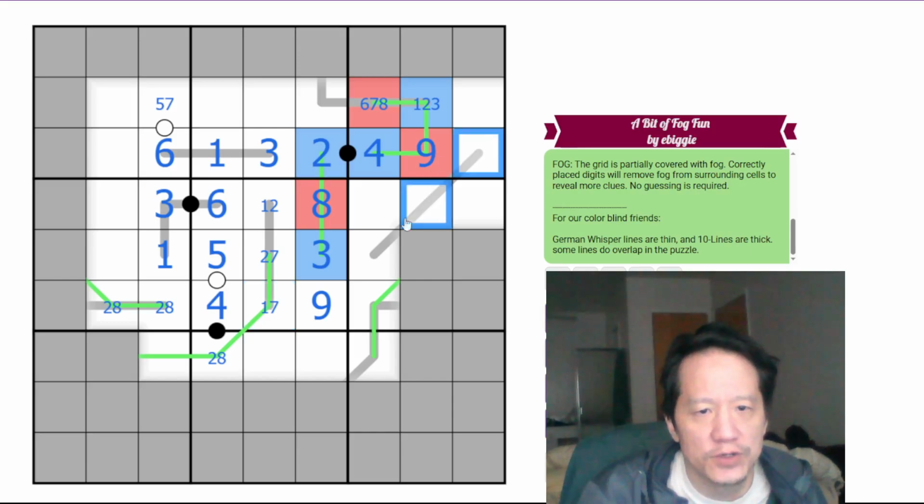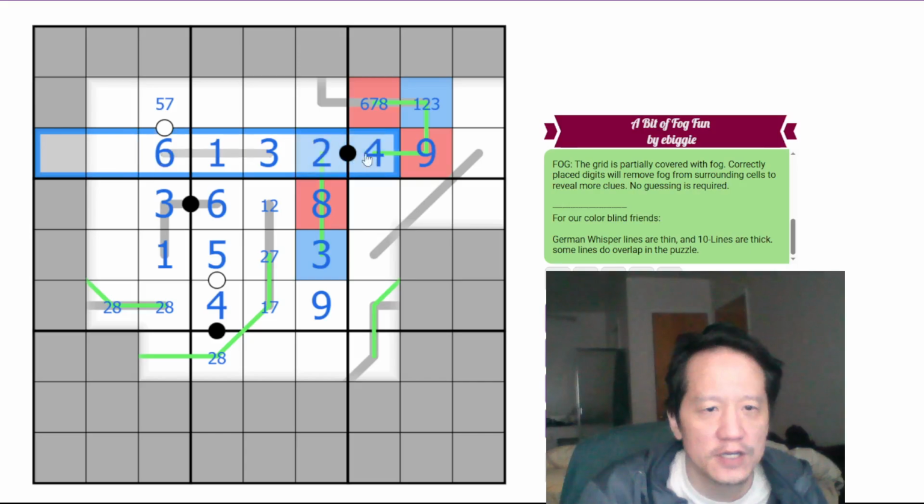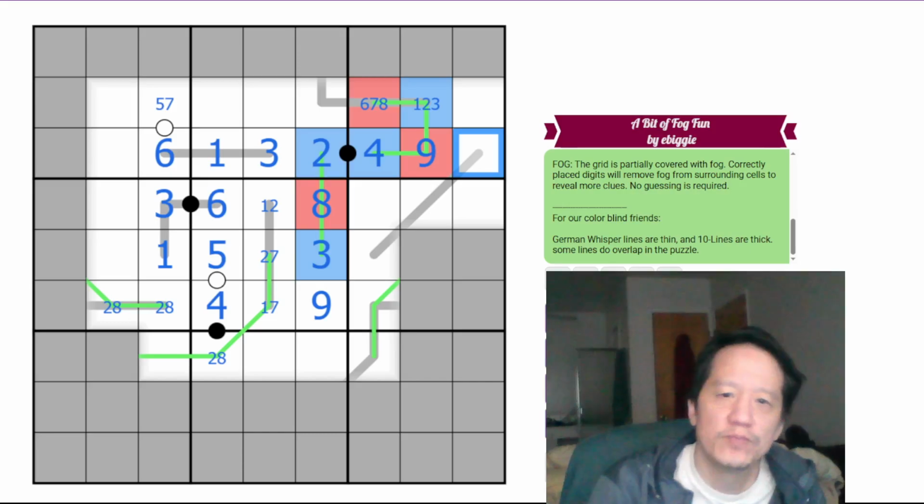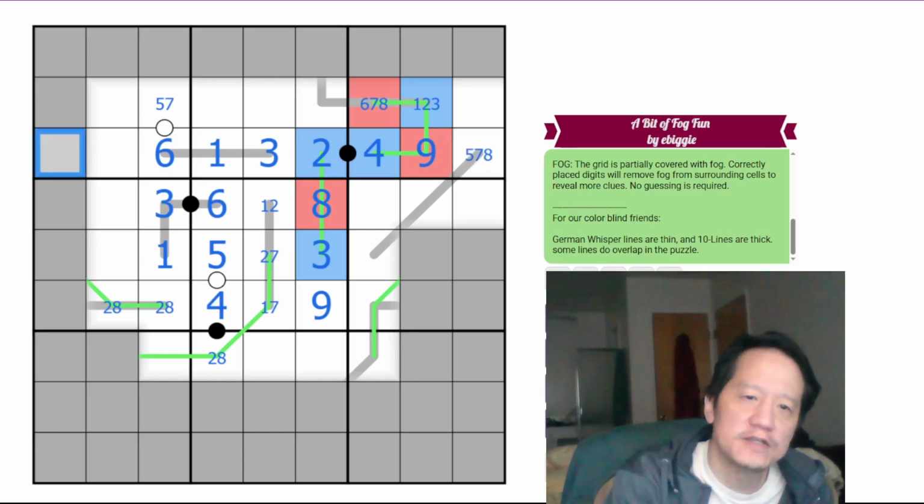This is also on a 10 line, and it has 3 cells there. So therefore, all 3 of these must add up to 10. But you can have repeats here, except we're not likely to have it. Because what are the remaining digits in row 3? Well, we have 5, 7, and 8, technically, in the row.